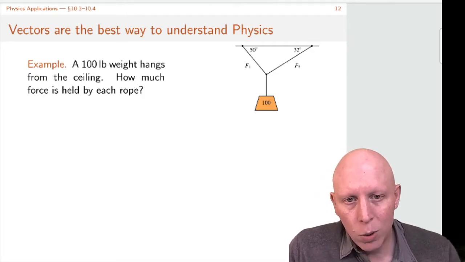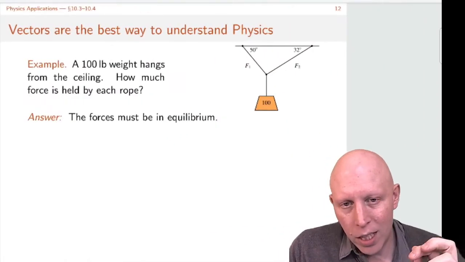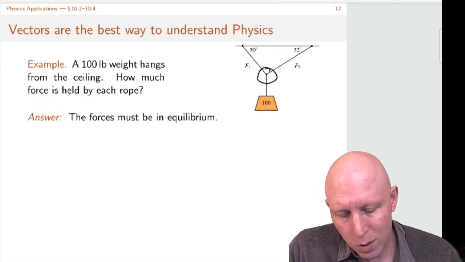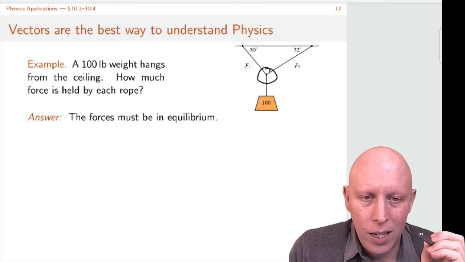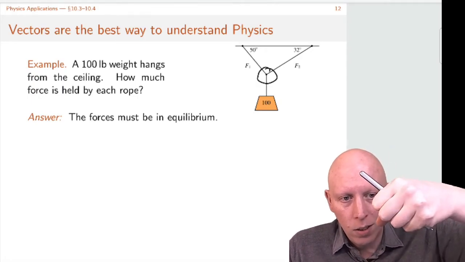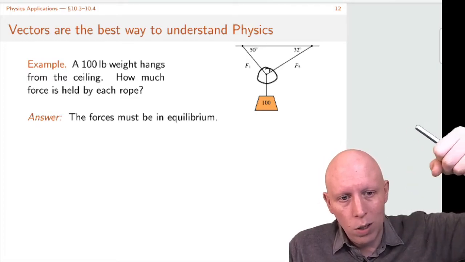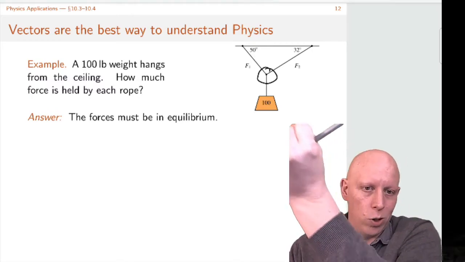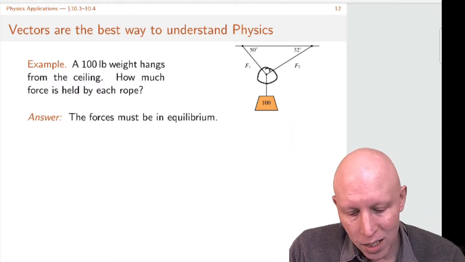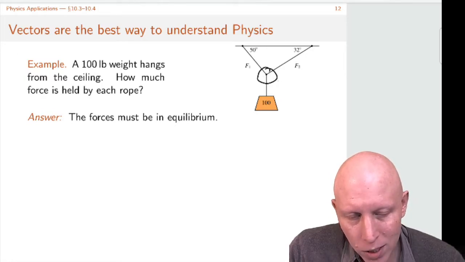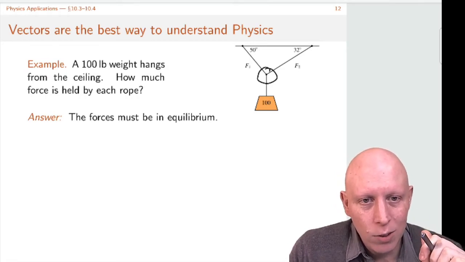When you're approaching this type of problem, the key concept is that at this central point, there's the force of the weight pulling down, there's the force of the rope pulling in this direction, and there's the force of the other rope pulling in this direction. What we have to recognize is that at that point, the forces all have to cancel out.